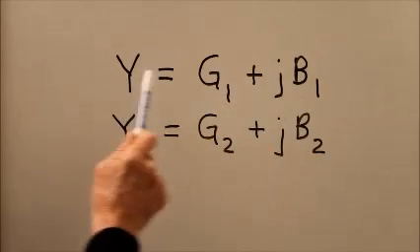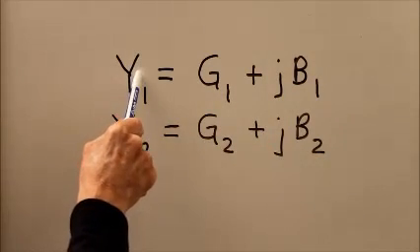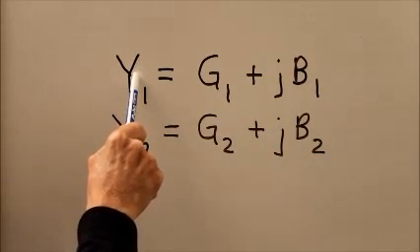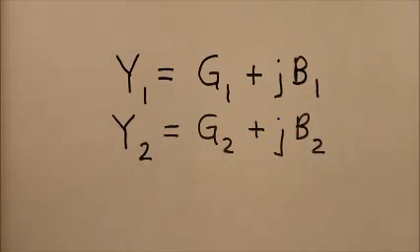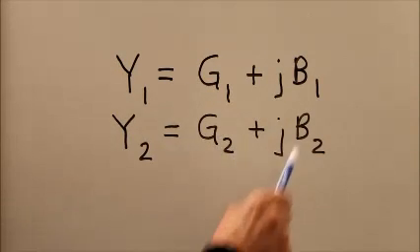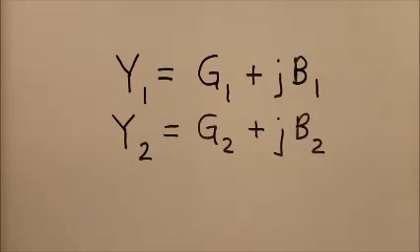So if we have a component that has an admittance of Y sub 1 equals G sub 1 plus j B sub 1, and another component with the admittance Y sub 2 equals G sub 2 plus j B sub 2, we connect them in parallel.